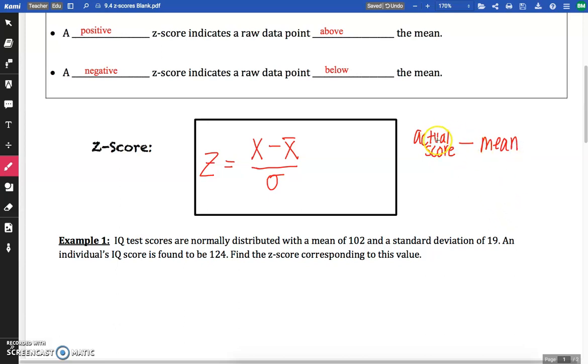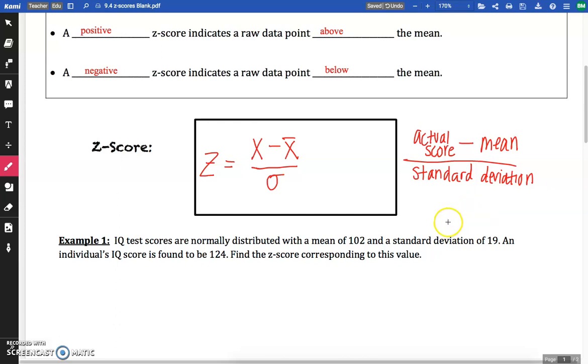Okay, so actual minus the mean divided by, and from the last lesson, we learned that this symbol sigma means standard deviation. So when I'm looking at a formula like this, I don't read it in my head as these symbols. I read in my head actual minus mean divided by the standard deviation.